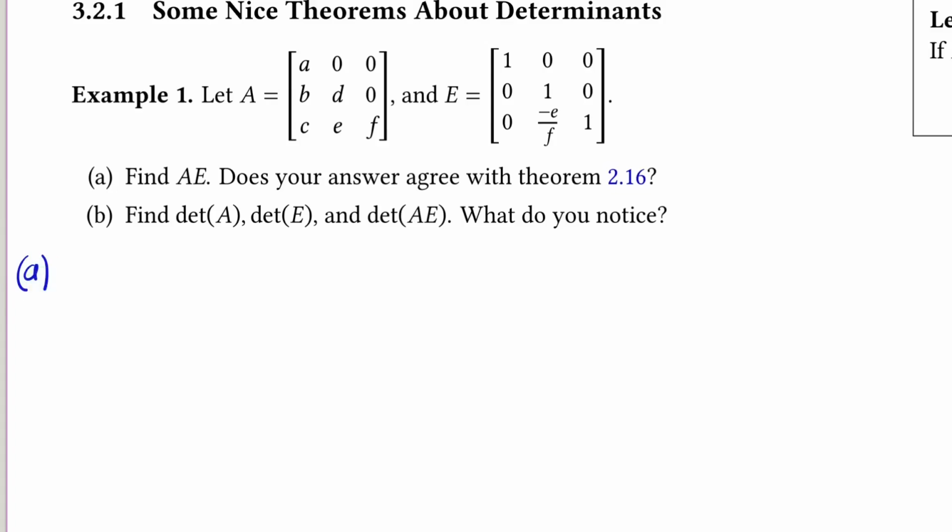So we're going to find A times E. Each column of A times E should be A times the corresponding column of E. That's just the definition of matrix by matrix multiplication.